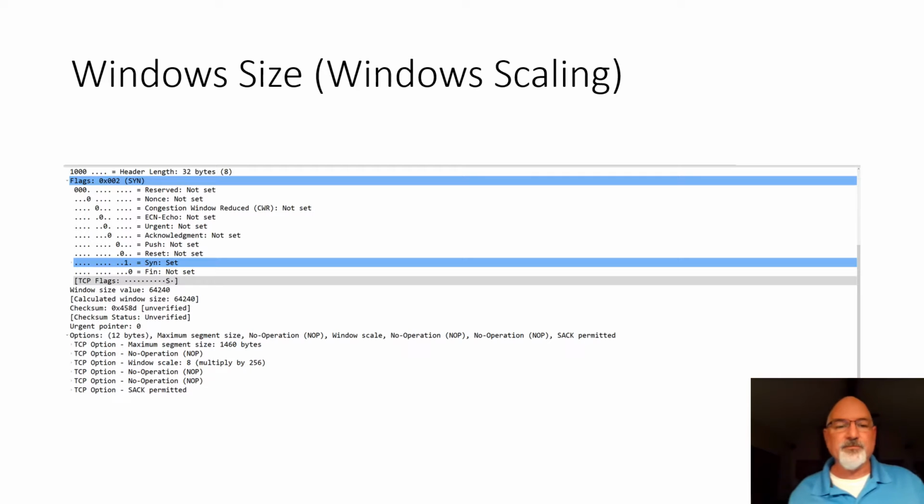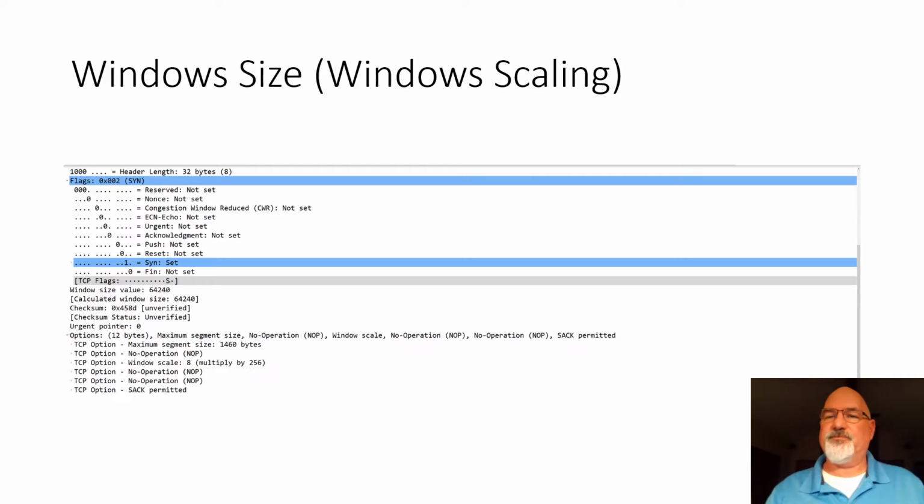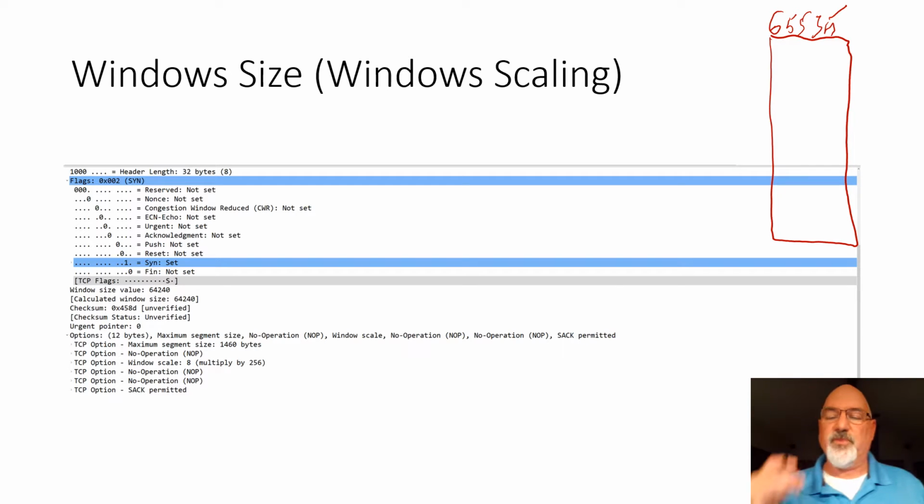And in order for you to see this, you actually have to catch the three-way handshake to really verify that it's actually working. Back in 32-bit days, you had a buffer that was 65,535, right? That's the size of the buffer that I could receive data on for that TCP connection. It's a maximum I could receive.